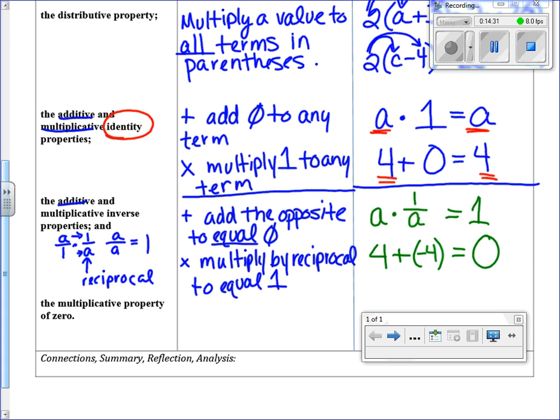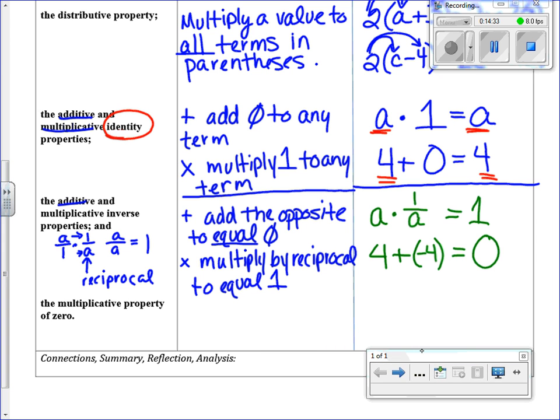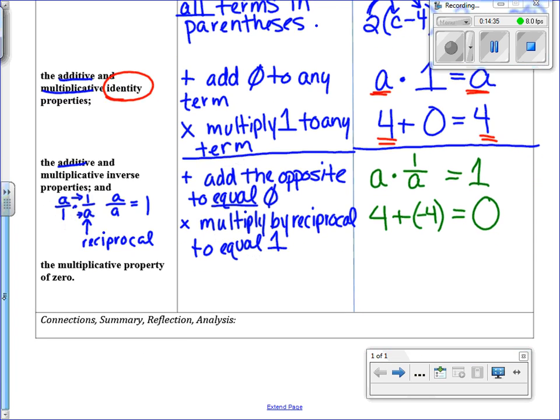Finally, the multiplicative property of 0. Okay, a lot of people get this and inverse properties mixed up. Now, when we're doing the inverse property of addition, we're adding the opposite to get 0. Don't get that confused with the multiplicative property of 0.